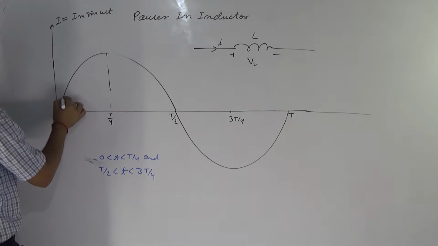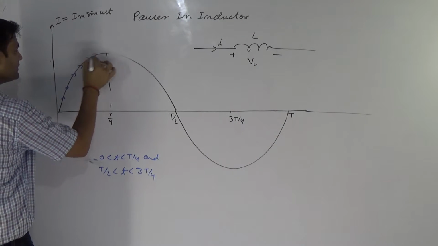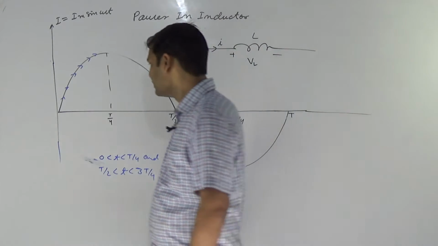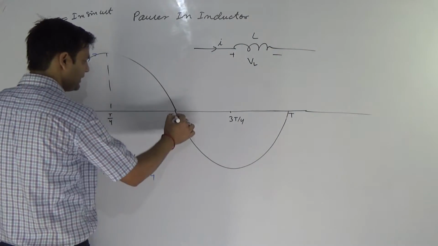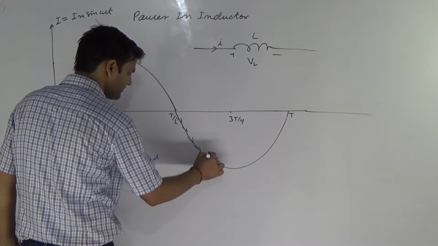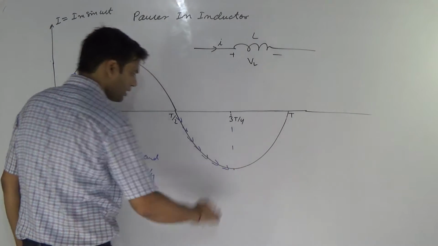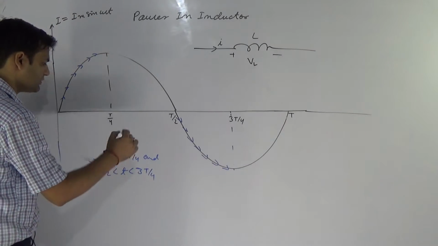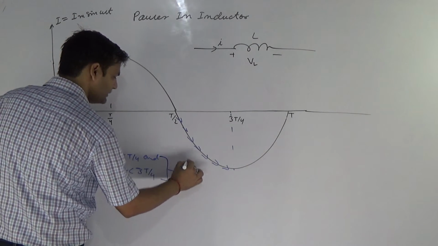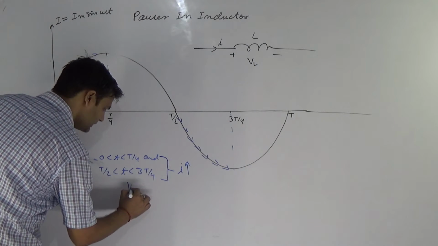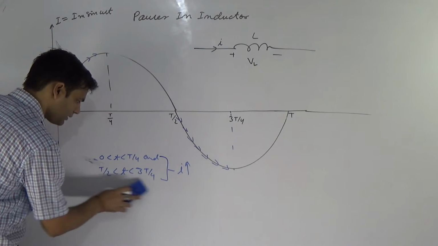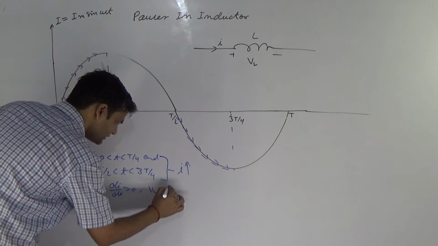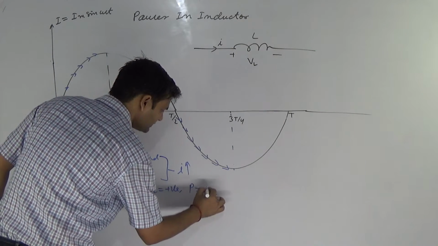Look, the current increases, and the voltage across the inductor is positive during 0 to T by 4. Also in magnitude, the current increases. In both cases I rises, that's why di by dt is greater than 0, VL is positive, and power is positive.